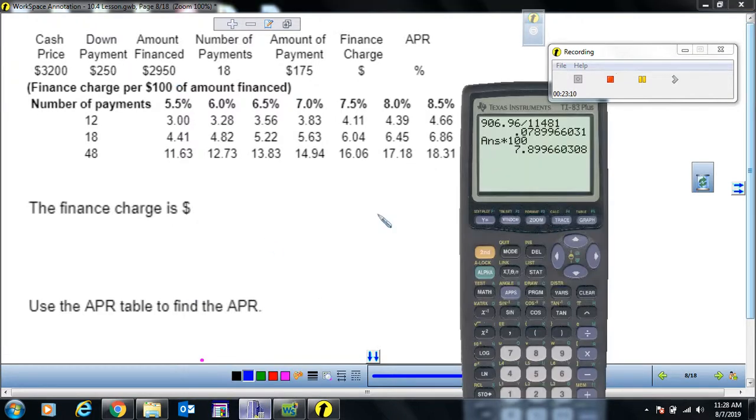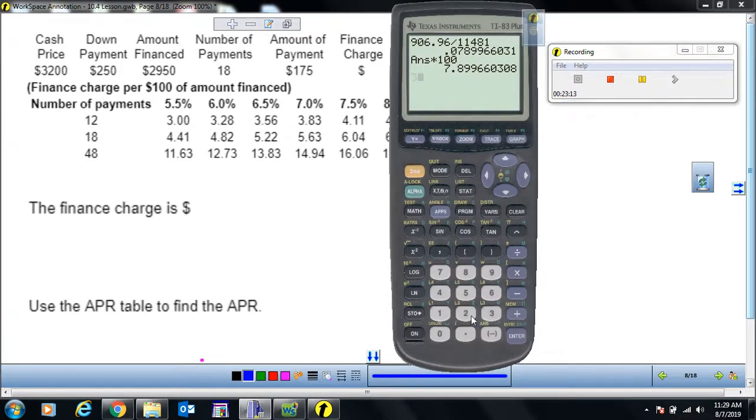If you subtract 3,200 minus 250, that's the down payment, you get 2,950. The person gave a down payment of $250, so this is the only amount that is going to be financed.